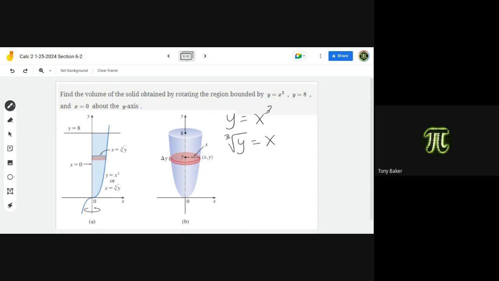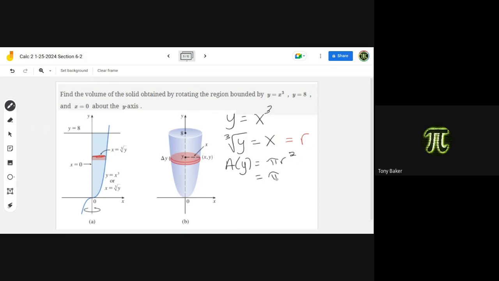All right, so that's that piece right there. That's my r, so that equals r. So my area, or actually A of y, is pi r squared.